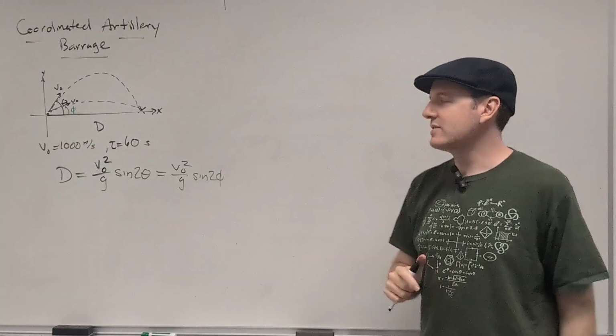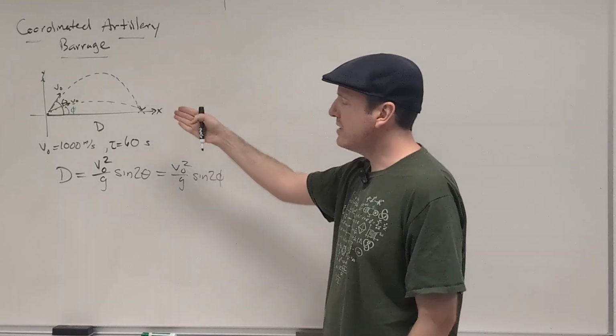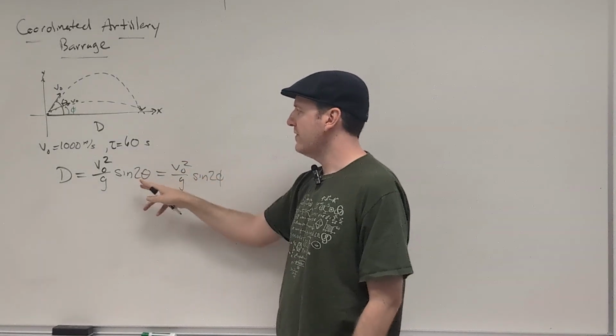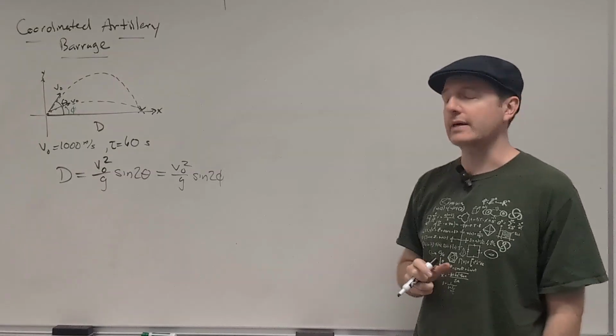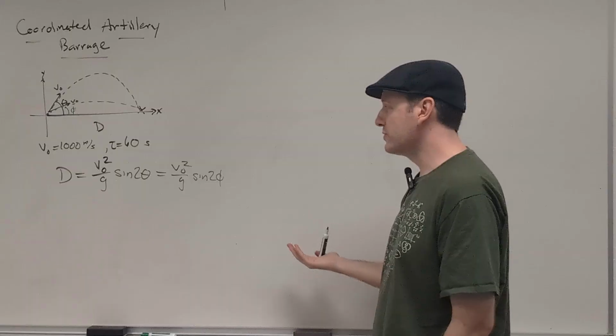So notice that in both of these cases, I get a direct relationship between theta and phi. And since they're not equal to each other, it must mean that they're complementary.